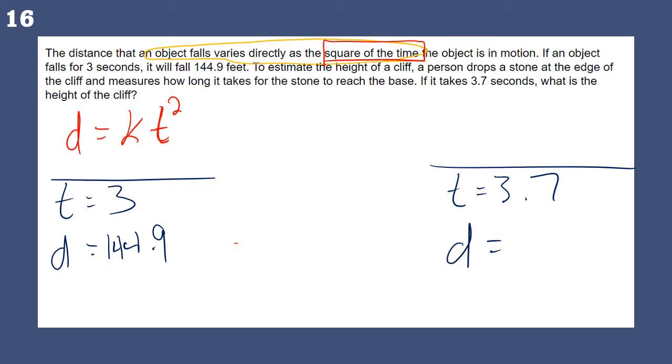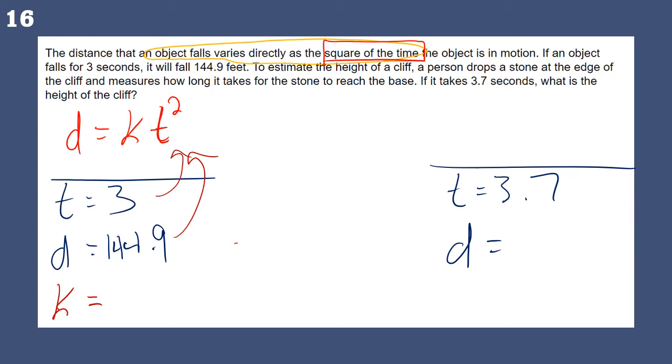Now, to solve this problem, we need to remember that we have three things in this variation problem. We have the d, the t, but we also have the k. And so to find our k here, we're going to need to plug in the two things we have and solve that equation for k.